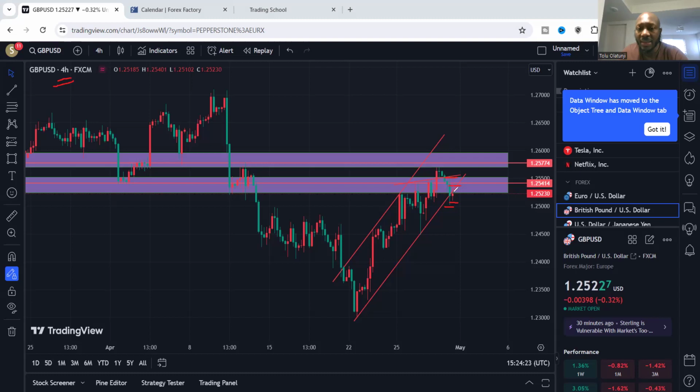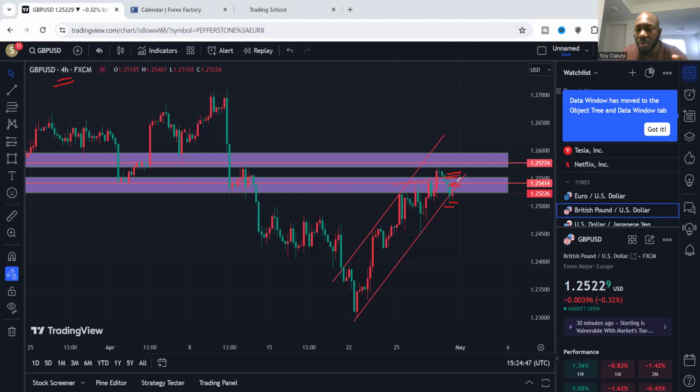If it closes as this, you can put a pending order to sell below this inside bar, and then put your stop loss either above that candle or above this major one, either of the two. Of course, this one will be safer, giving you a bigger stop loss in pips, or this one will be tighter and give you better reward.